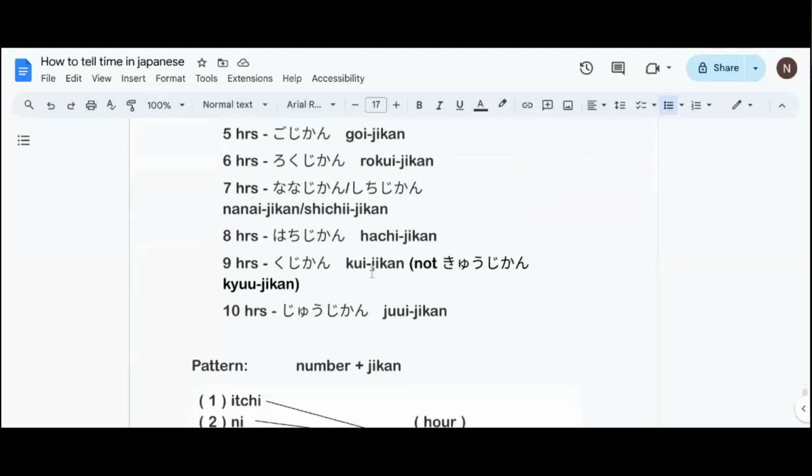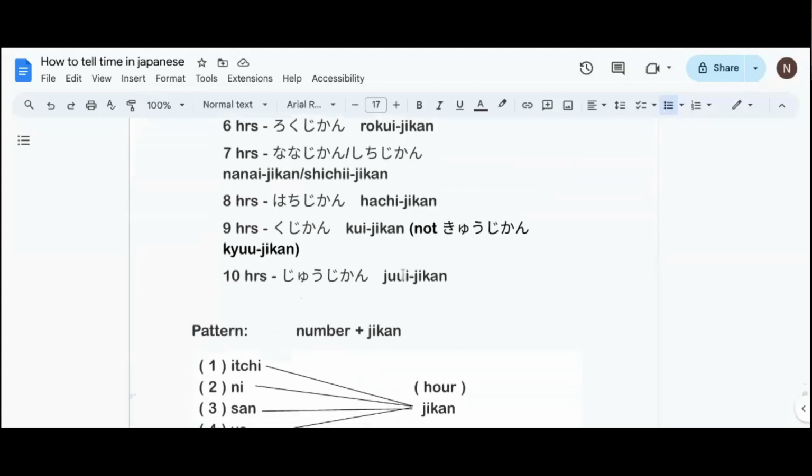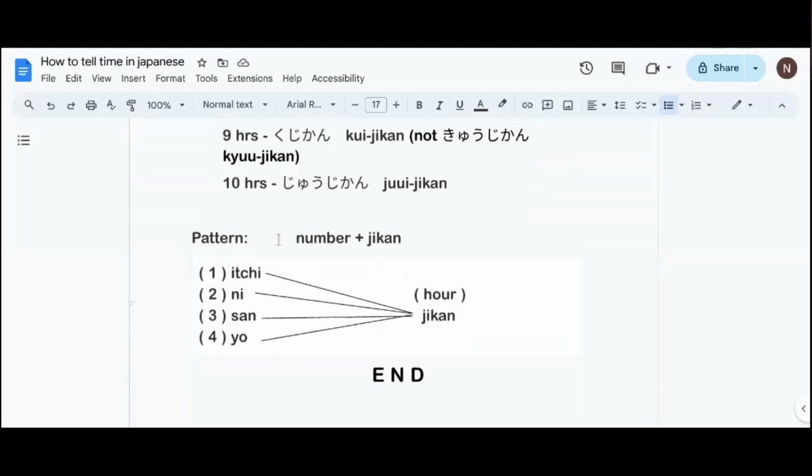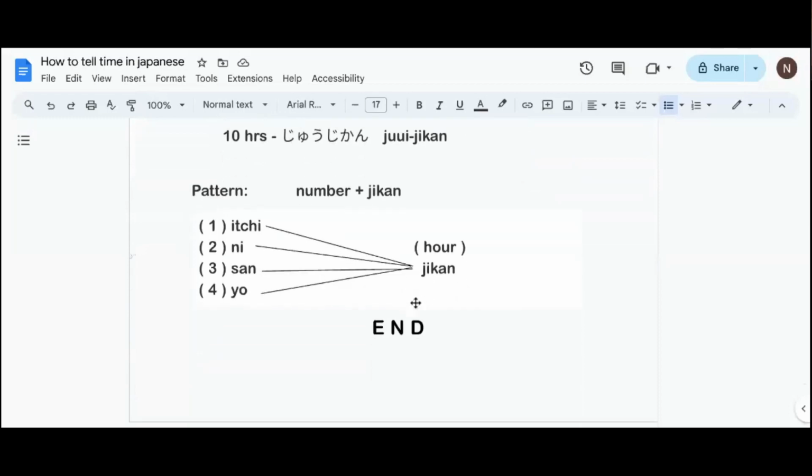For 9 hours, it is ku jikan, not kyu. Not kyu, but ku jikan. Okay? So this is your pattern. Add the number and then the jikan. And then you can have how many hours that you have.